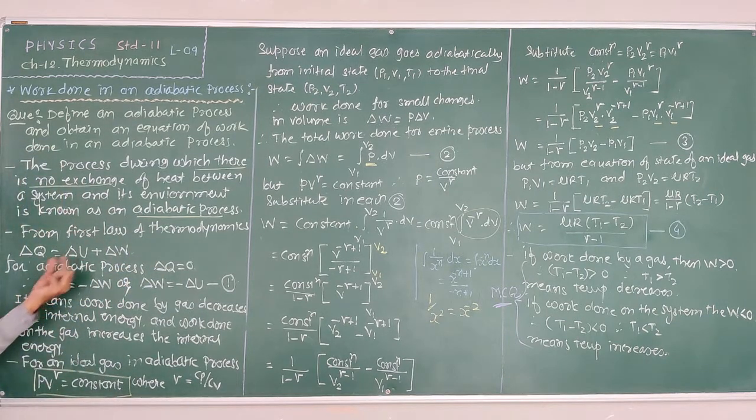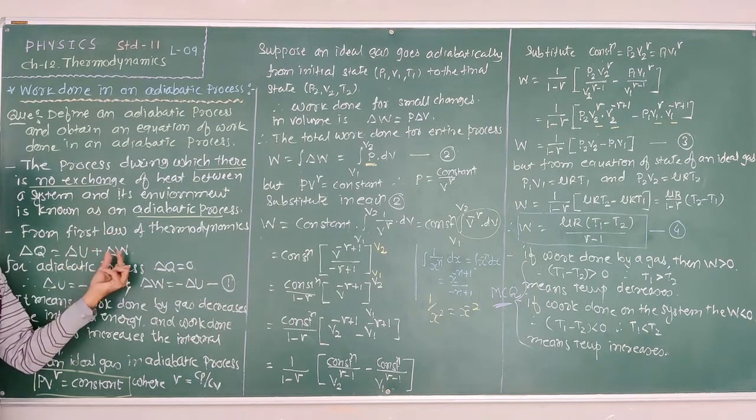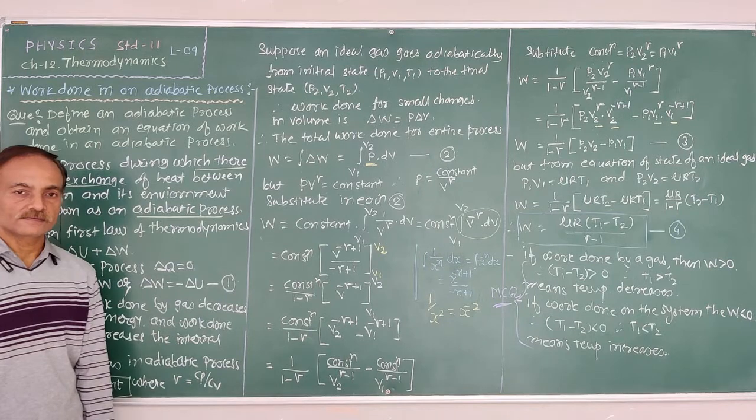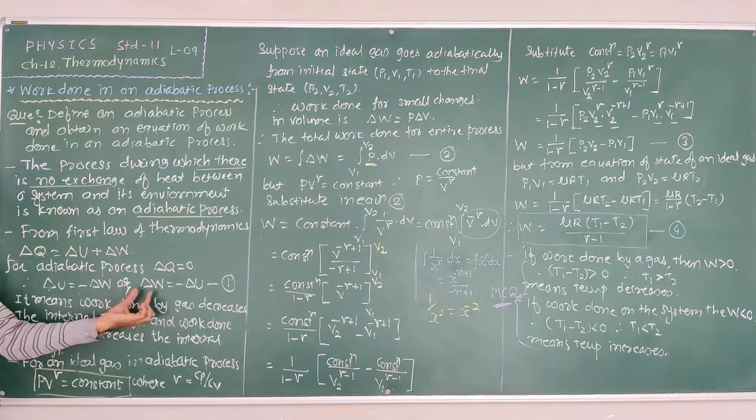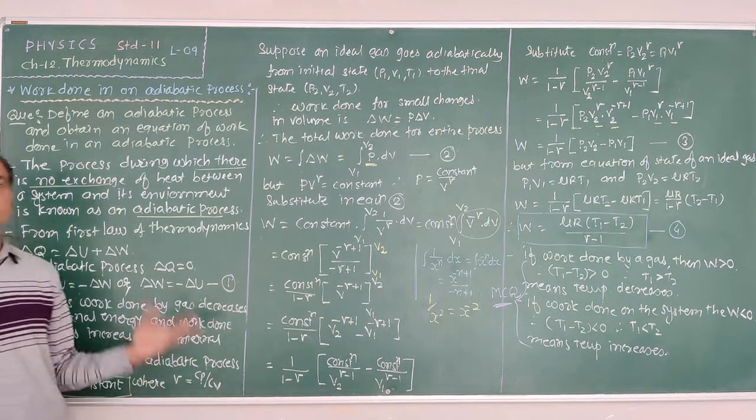That means delta U is equal to minus delta W, or delta W is equal to minus delta U. It means that if the work done by the gas, W, is positive, the internal energy of the system decreases because delta U is negative. According to this relation, if work is done on the system by the environment, the work done is negative, and the change in internal energy is positive, so the internal energy of the system increases.